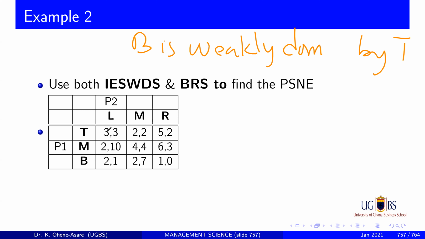Because when you look at the values 3 and 2, and 5 and 1, they were all bigger than B, but the only thing is that they were equal for T and B in the middle section. On the basis of that, T would have strictly dominated B if the 2 on top was bigger than the 2 below. Other than that, B is weakly dominated by T. Okay. Now let's go.